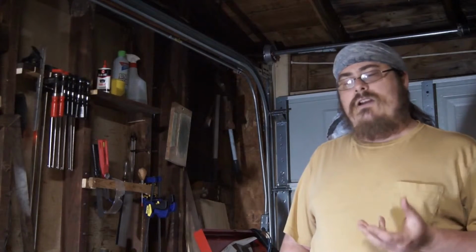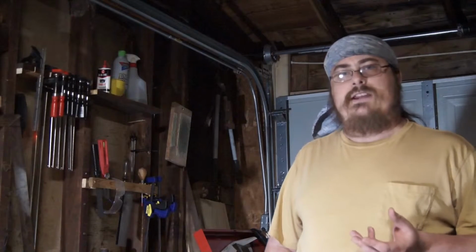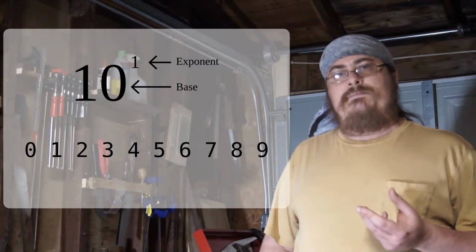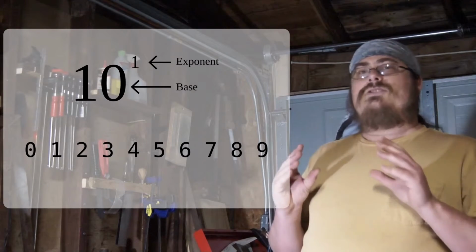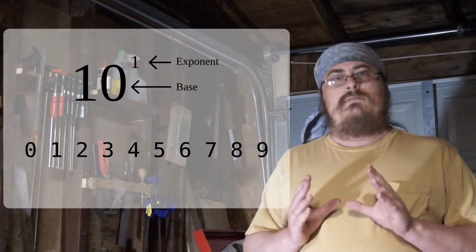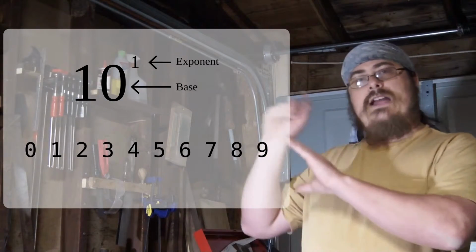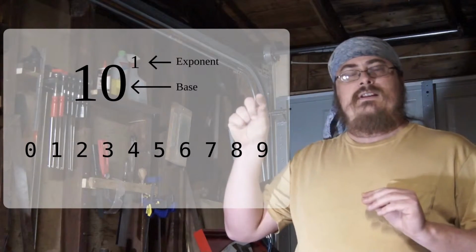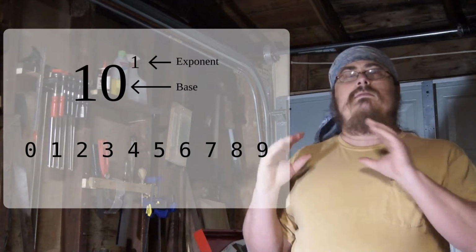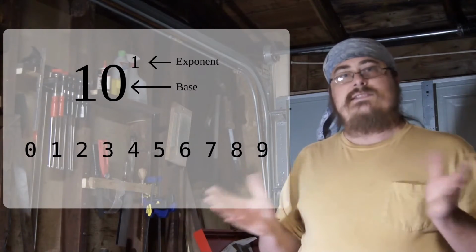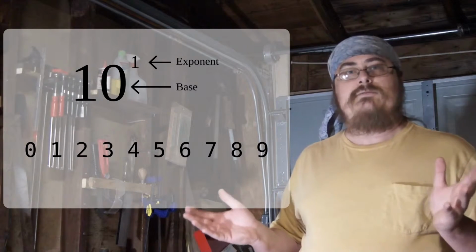Now, one of the things about math that a lot of people don't realize, it's a nifty little trick, is that when you're talking about base, imagine the base of your number, in our case 10, and then imagine an exponent. Now, 10 to the first is 10, just like any number to the first is itself.